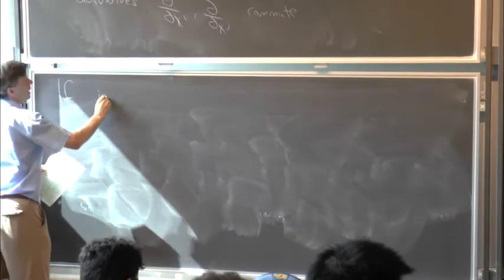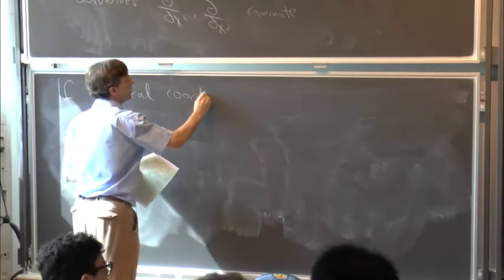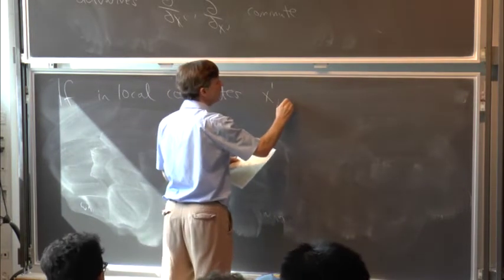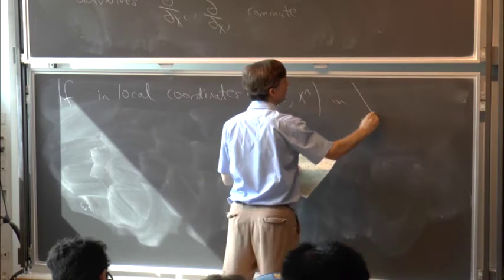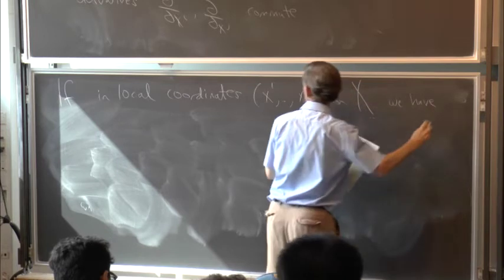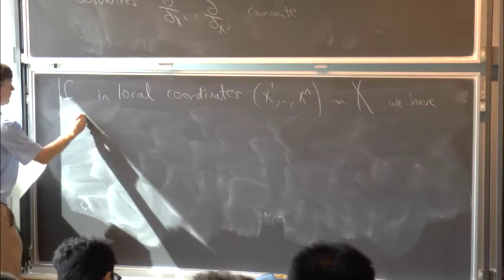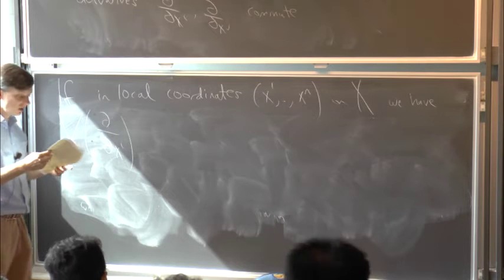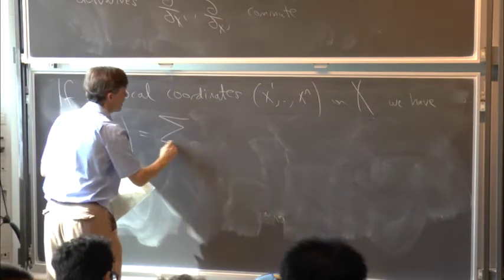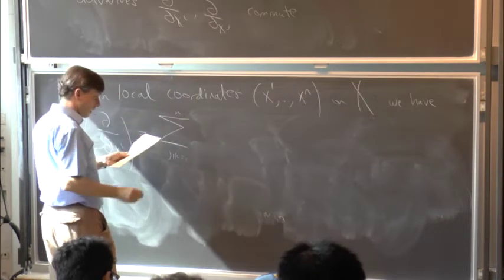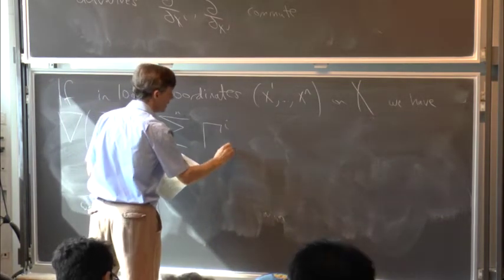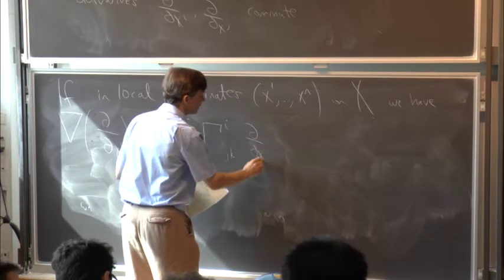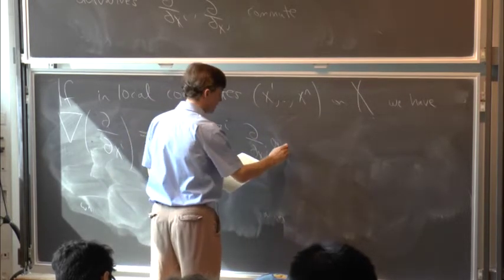Okay, so if in local coordinates x^1 all the way to x^n on X, we have that the derivative of the vector field d/dx^i, this is a section of the tangent bundle, is equal to the sum over all j and k from 1 up to n of Gamma^i_jk, these are Christoffel symbols, times partial by dx^j tensored with dx^k.